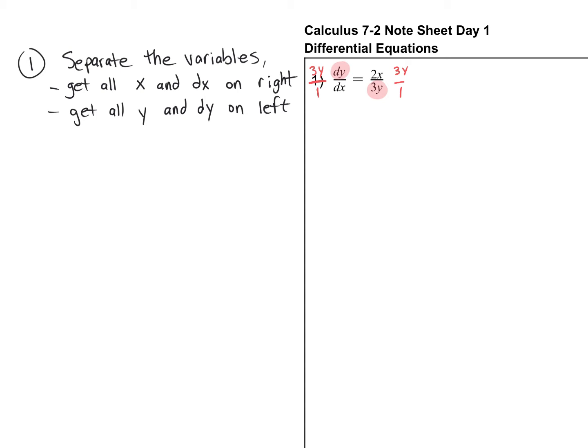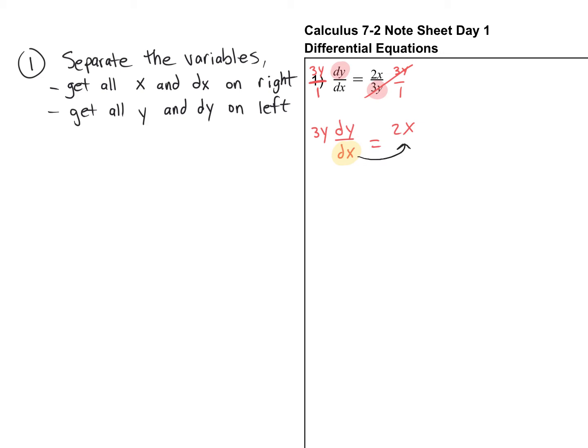Okay, so what happens? On the left, we have 3y dy. On the bottom, there's still dx. On the right, these cancel out, and we're left with 2x. Now the only thing that's left to move, I'm going to highlight it in yellow, is that dx. The dx has to move to the right.